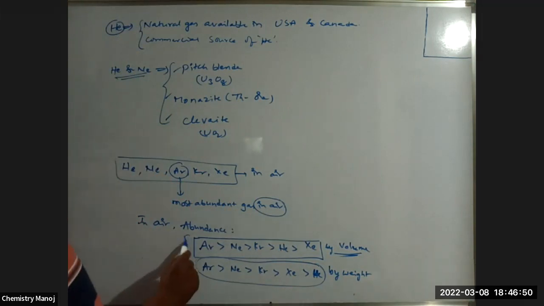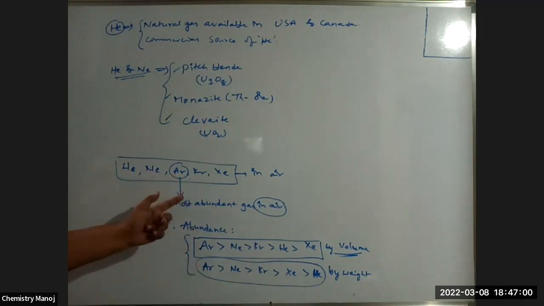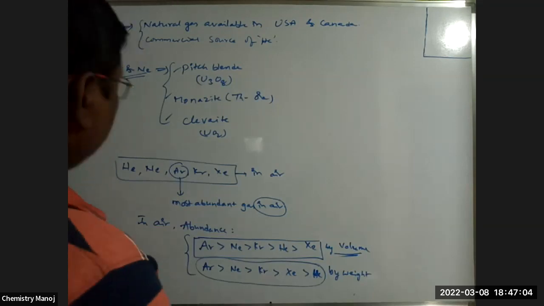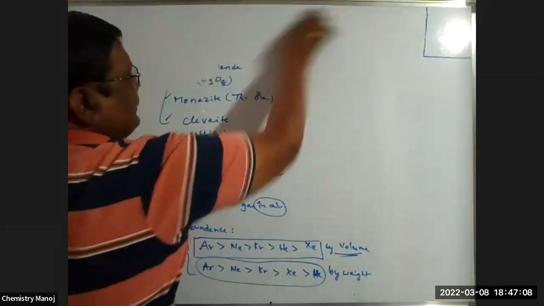These are very, very important objective points, at mains level. But in both cases, the most abundant gas is argon, as I told just before. Next, some properties about these gases.